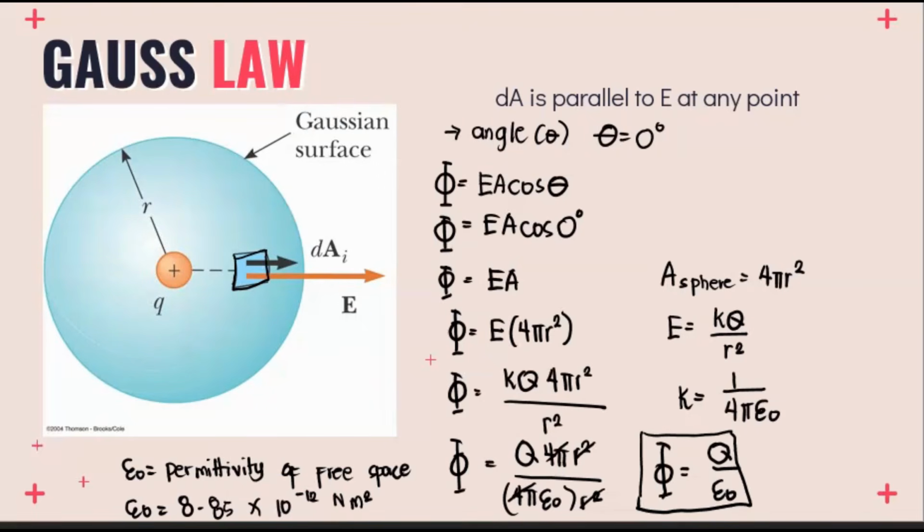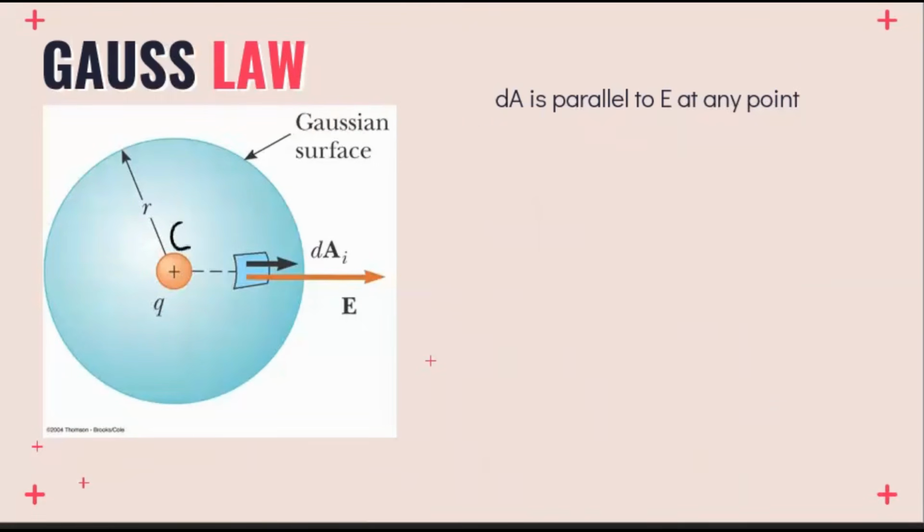So what if madagdagan yung mga charge natin, pero attached pa rin siya doon sa middle part ng ating Gaussian surface? So, based from our equation, phi is equals to Q over epsilon naught.